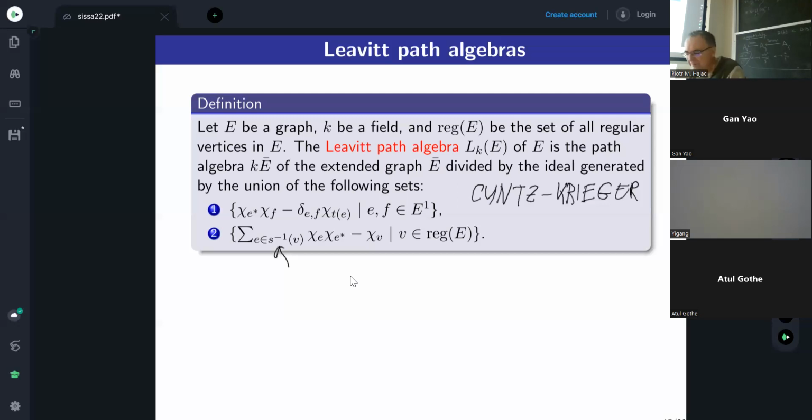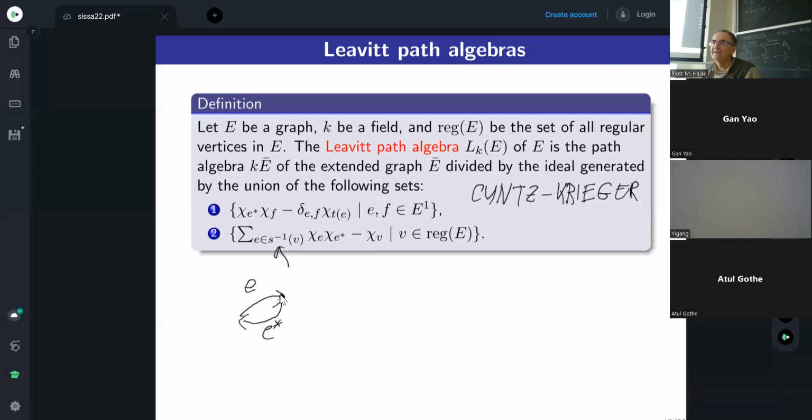Okay, so maybe I should draw a picture here. So I have e, and I have the ghost e star. I'm saying that this way times this way is just this vertex. So in other words, I'm collapsing it, like particle and antiparticle, they collapse, evaporate, and only this hole remains.